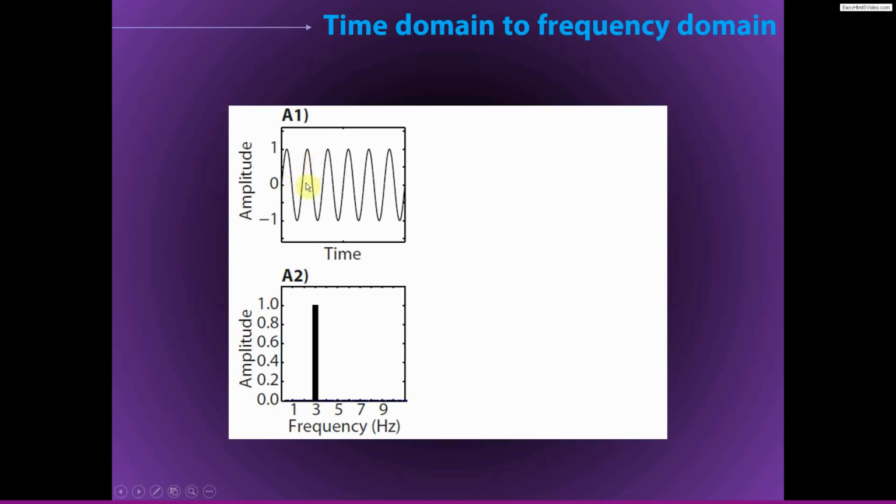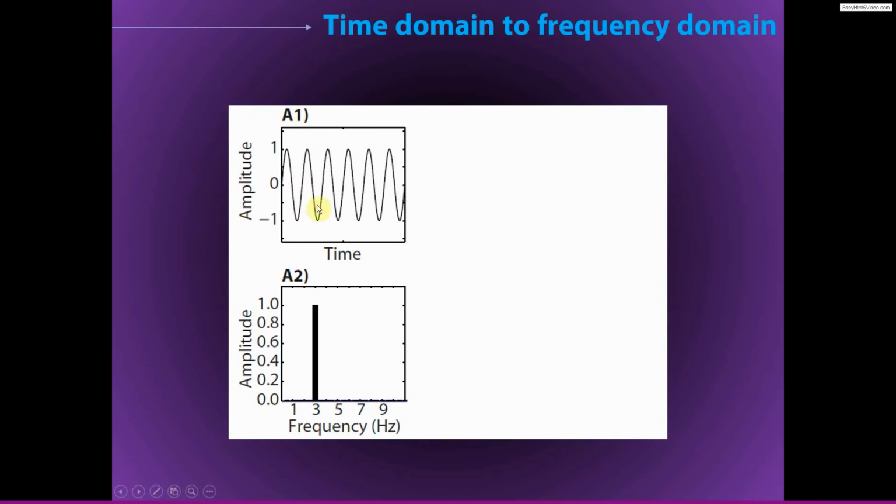I promise I will explain exactly why this is the case in a future lecture. But for now, just keep in mind that the amplitude here is measured not as the trough to peak distance, but half of the trough to peak distance, or more precisely, the 0 to peak distance.